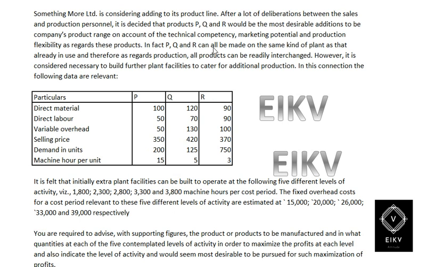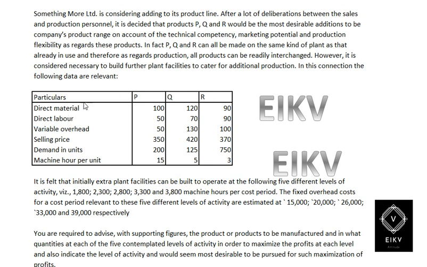In fact, P, Q, and R can all be made on the same kind of plant as is already in use, and therefore as regards production all products can be readily interchanged. However, it is considered necessary to build further plant facilities to cater for additional production. In this connection, the following details are available.